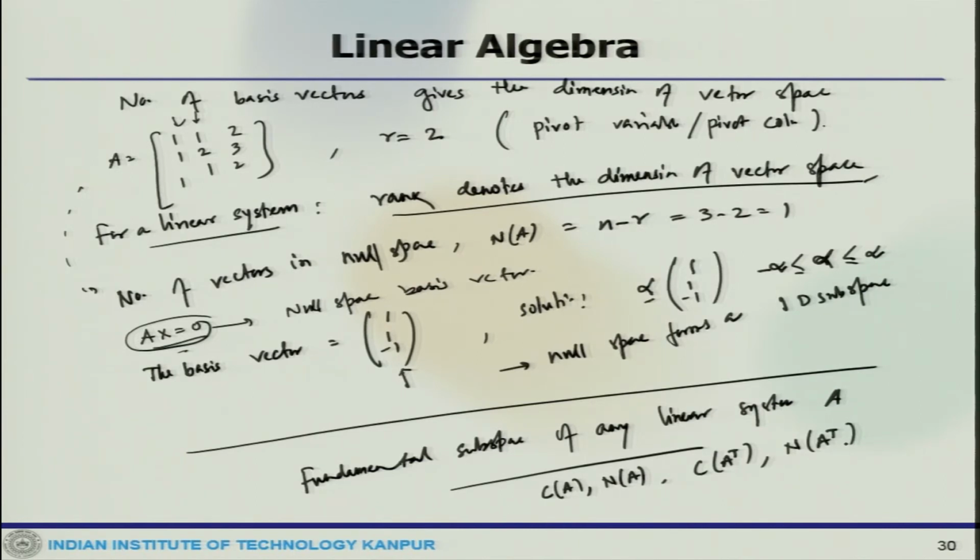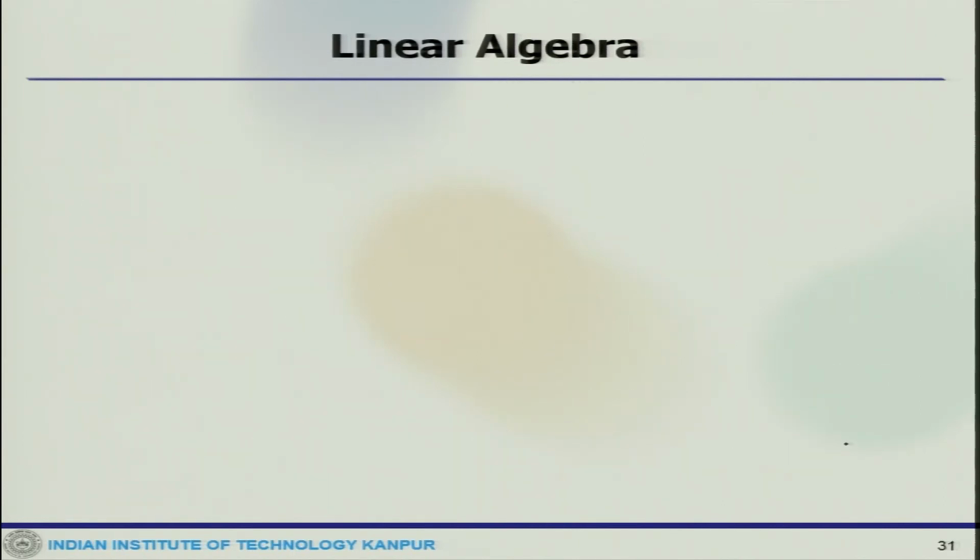Okay. So, let us take a 3 by 4 system. The idea here is that when you take an example, you can easily visualize what is happening here, and then through that you can come to a solution quite quickly.